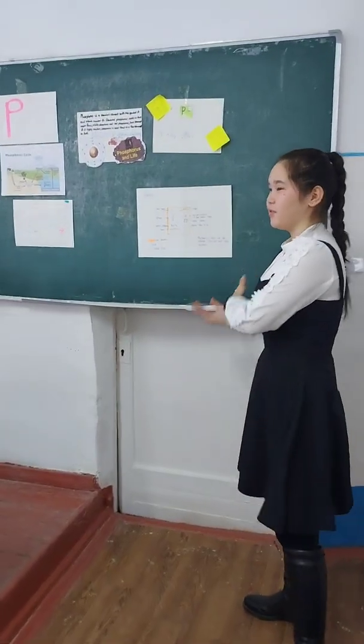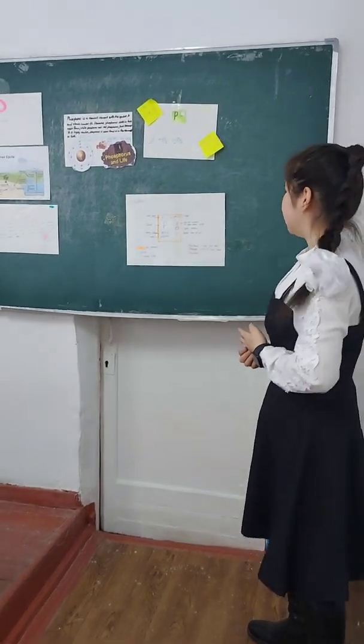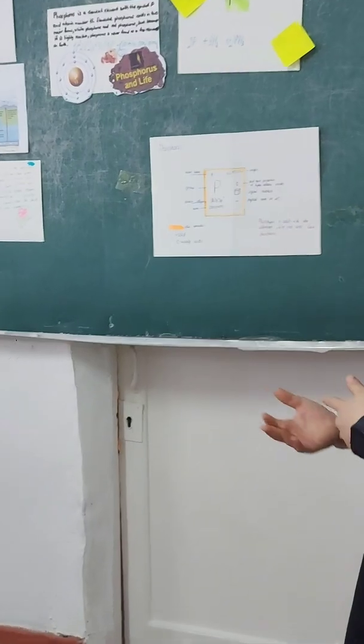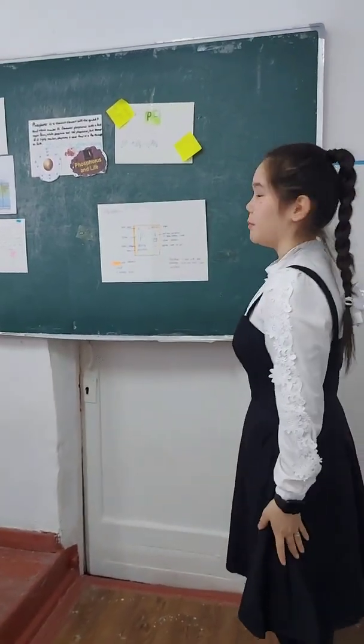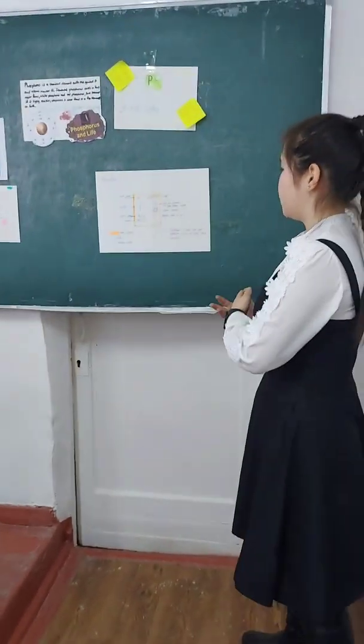Phosphorus atomic number 15. Symbol P. Electron configuration 3s2, 3p3. Other non-metals, weight 31.